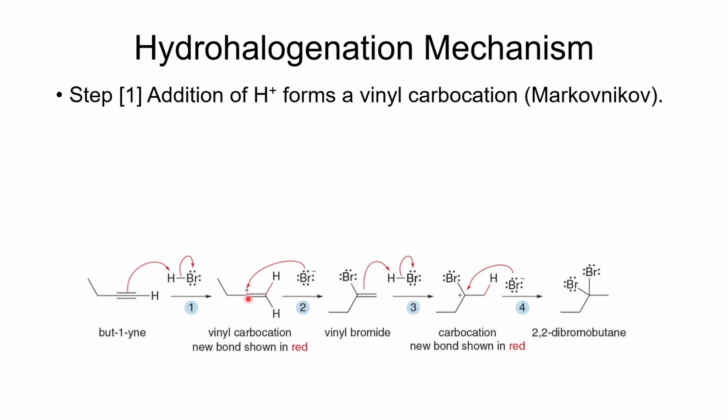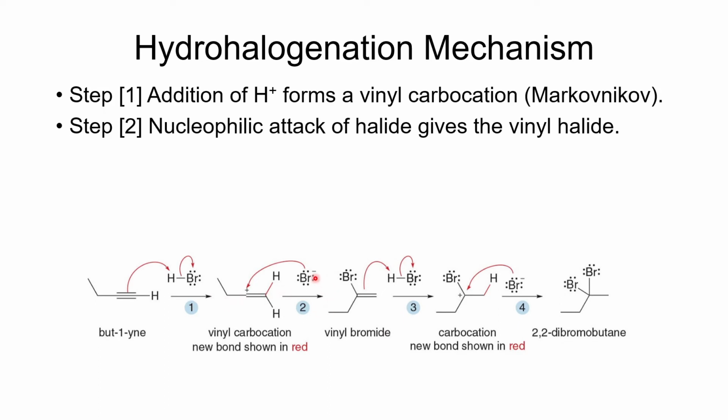Now, we have not discussed vinyl carbocations yet, but they are not quite as stable as our typical carbocation. This would be a secondary vinyl carbocation. It's not as stable as a typical carbocation. As a consequence, we'll find this first step is a little bit slower than it is for alkenes.